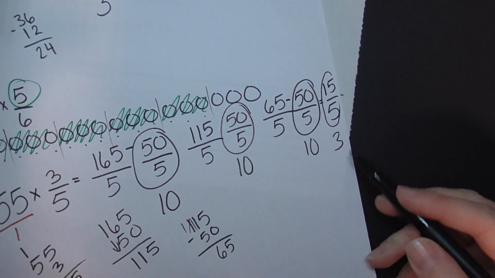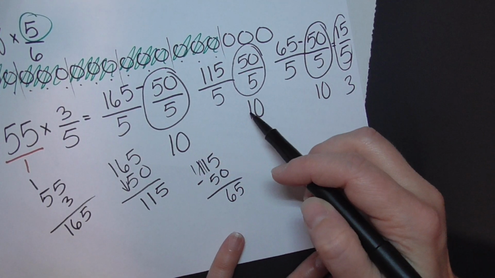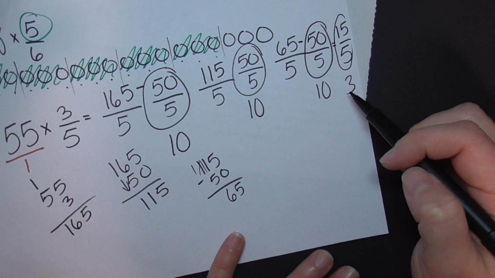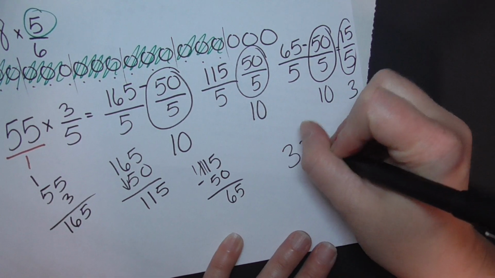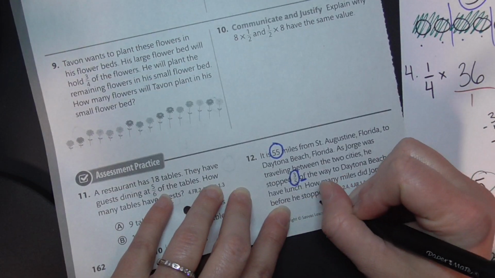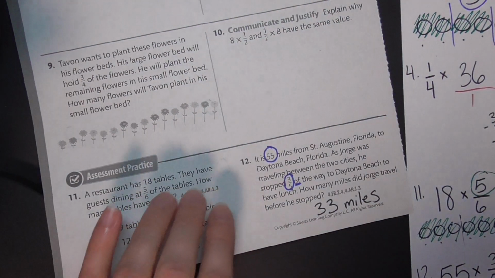So this is 3 wholes. So 10 plus 10 plus 10 is 30, plus 3 is 33. So my answer for number 12 is 33 miles.